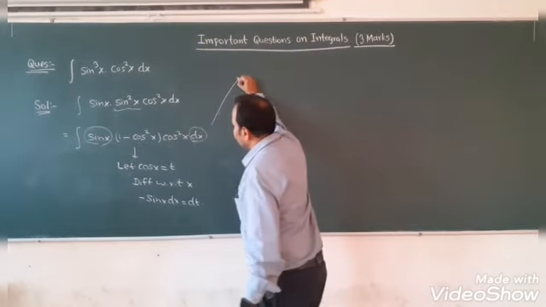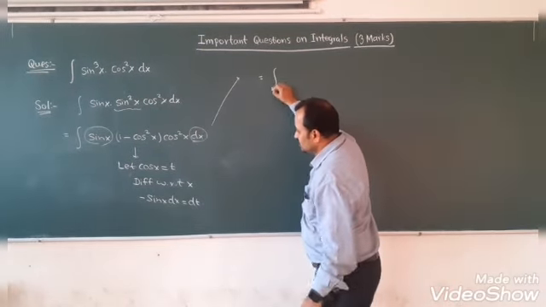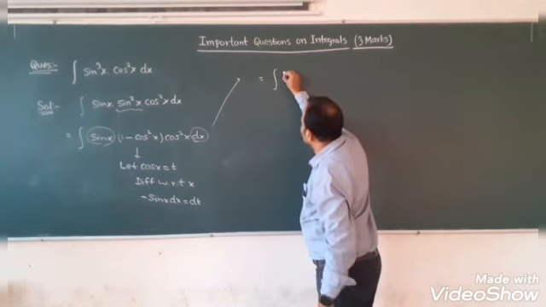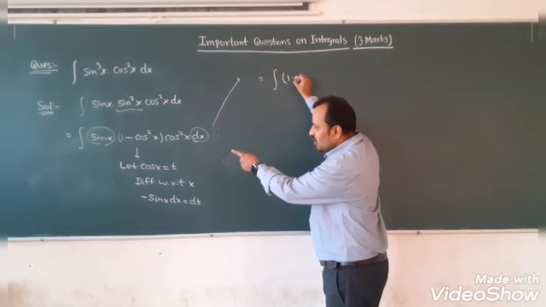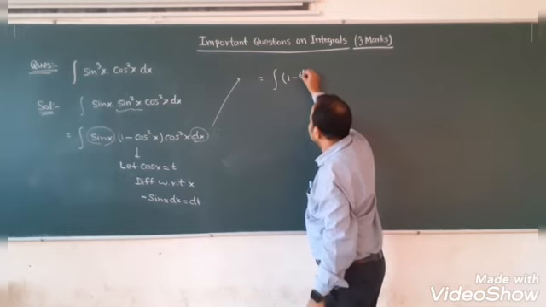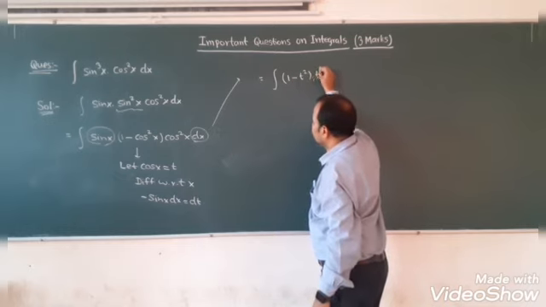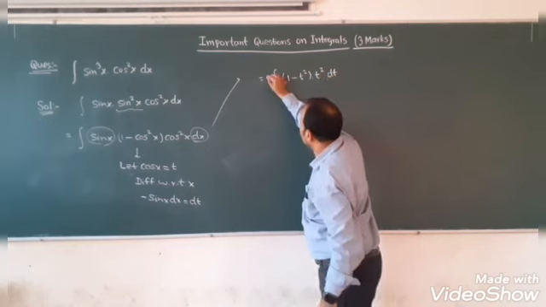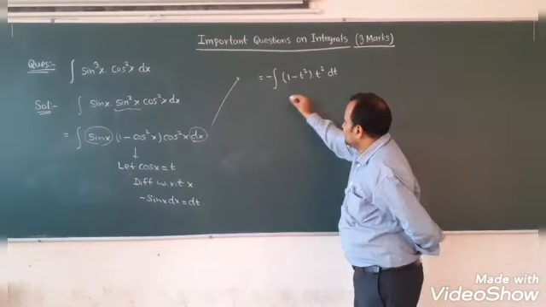Now put these values in this. So sin x dx is nothing but minus dt. So 1 minus, cos x is t, so 1 minus t square into t square, and minus of dt. Now multiply this.